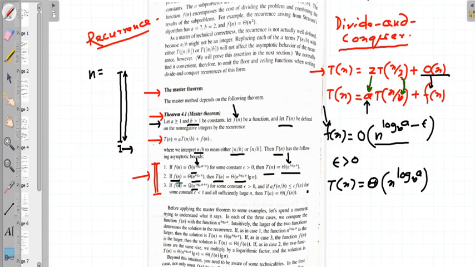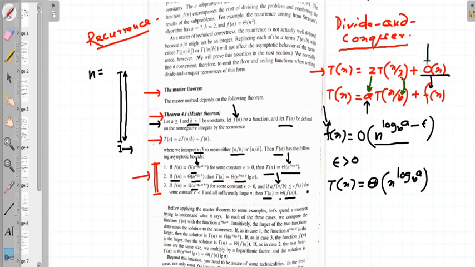And then if this f(n) is bigger than this leaf level cost, n^(log_b a + epsilon), and then some condition is being checked here, what we can say is that the solution is dominated by this f(n). So in that case, T(n) equals theta of f(n).